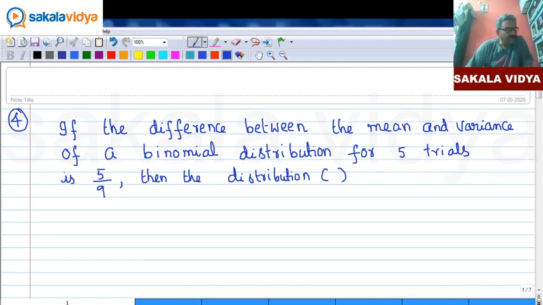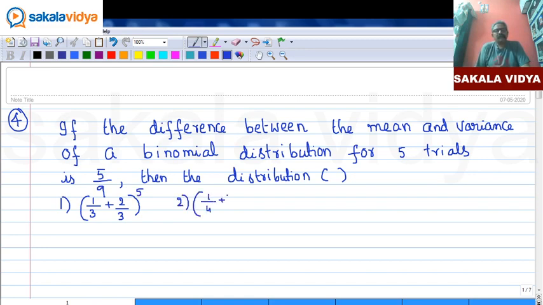First option, (1 by 3 plus 2 by 3) whole to the power of 5. Second option, (1 by 4 plus 3 by 4) whole to the power of 5.